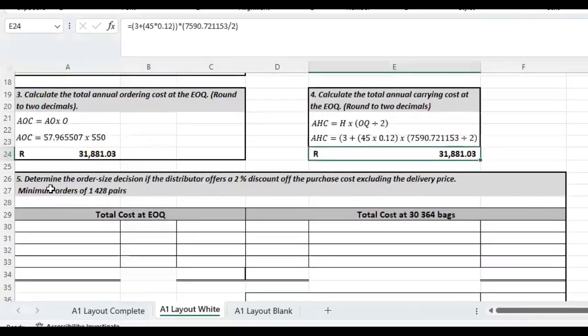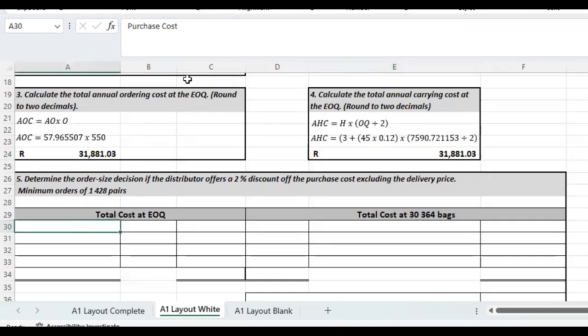Good. Now they say, determine the order size decision if the distributor offers a 2% discount off the purchase cost, excluding the delivery price, for minimum orders of 1,428 pairs. So when we look at the economic order quantity, we say, okay, we know what the purchase cost is.